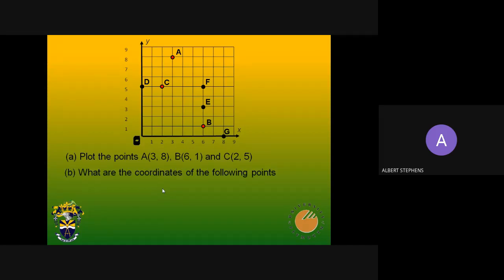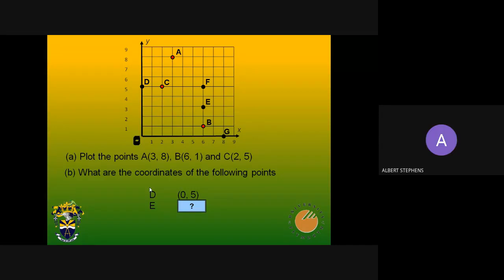So, we would have done this already, not true? So D, let's check it now. D was what? Somebody tell me what D was. (0, 5). What is E? (3, 6)?